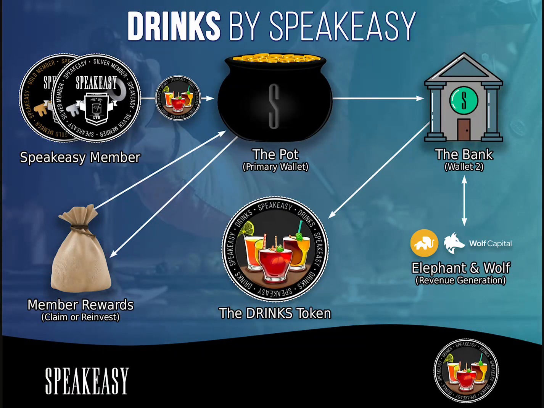It will still be a 50-50 split between the pot and the bank, although we'll probably be doing a much more frequent re-injection of those drinks back into the pot because we aren't really going to be doing as much investment currently with this version, and so the bank doesn't really need that many drinks tokens, but we didn't want to change the contract from the 50-50, so we're just going to do that and re-inject back into the pot as we need it to support the rewards in drinks.